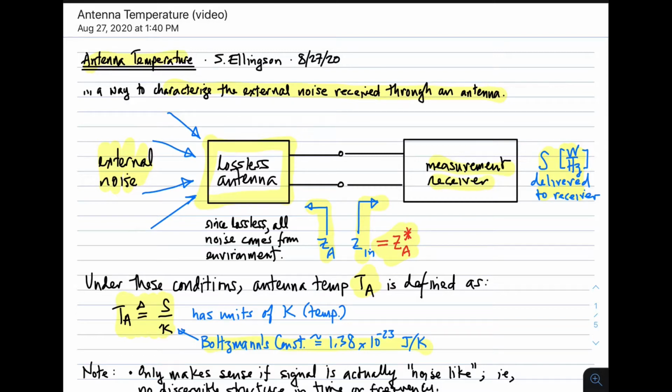That's little k. Big K is the units of temperature, Kelvin, and the reason we call this antenna temperature is simply because it has units of temperature. So antenna temperature is just another way of talking about the power which gets delivered to a conjugate matched receiver which has originated externally from the system.